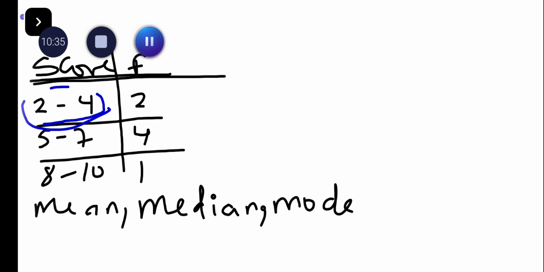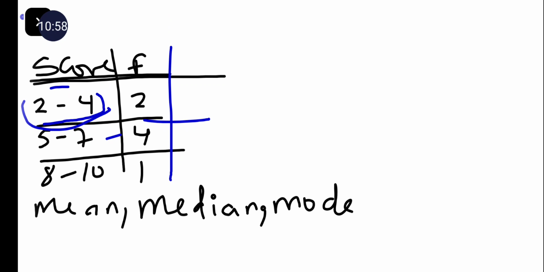Now, how then do you calculate the mean, the median, and the mode? And the mode here is the modal class because we are in classes. When we are asked to calculate the mean, we have to obtain what we call the class center.